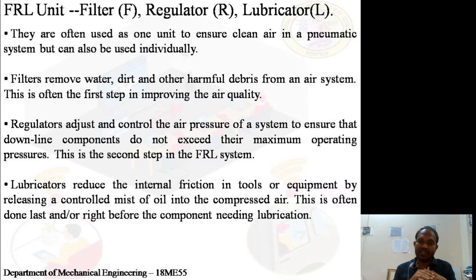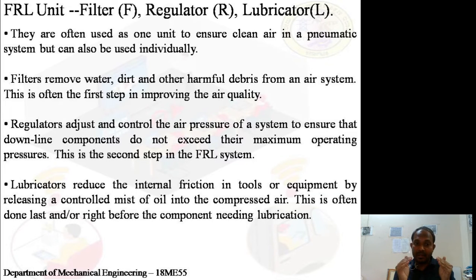Now, in the pneumatic system, how can we maintain this pressure? It is only by the use of a regulator. That is the beauty of this regulator. One is the filter and the other one is the regulator. The filter will not allow foreign particles, the villains, to enter into our home.